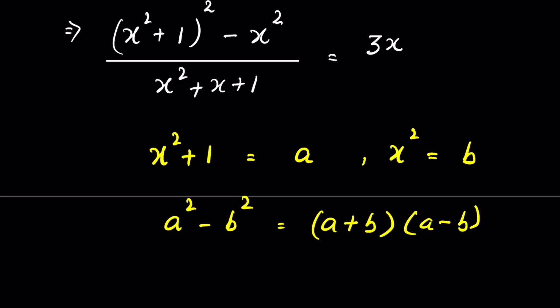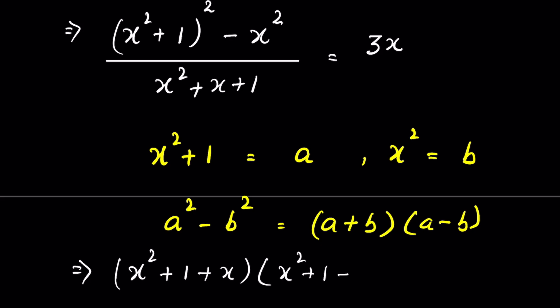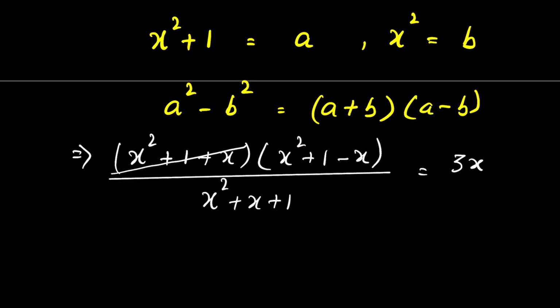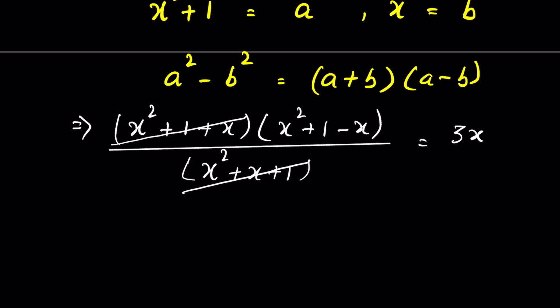So this we can write x square plus 1 plus x times x square plus 1 minus x upon x square plus x plus 1 is equal to 3x. Now these two terms are common factors, so we can cancel them out. So we have x square plus 1 minus x is equal to 3x.